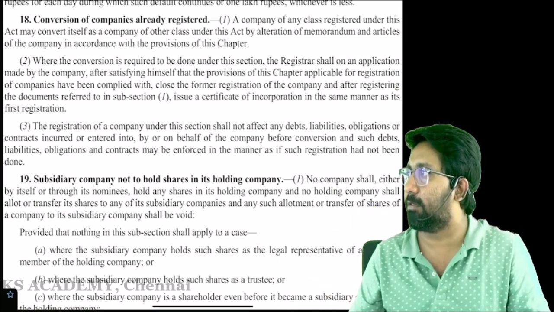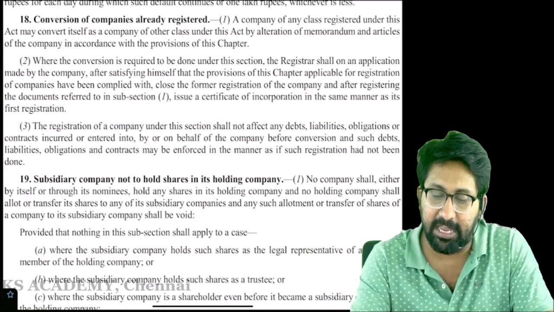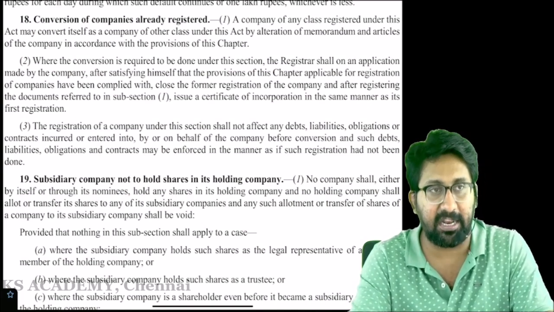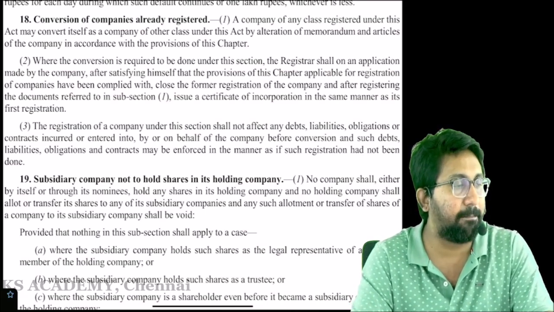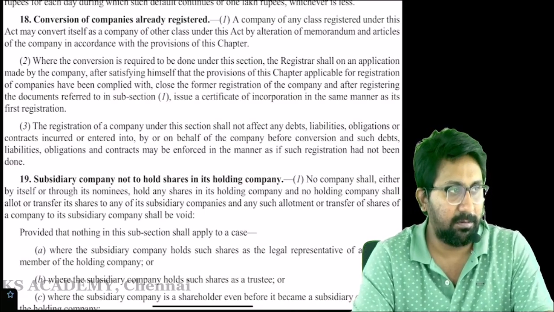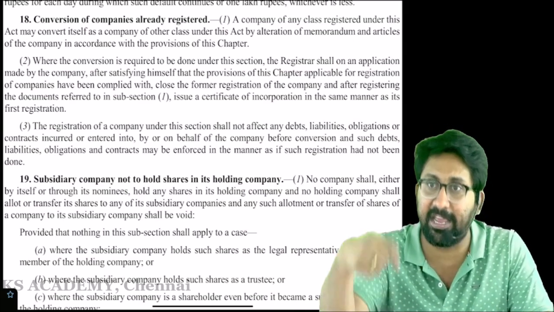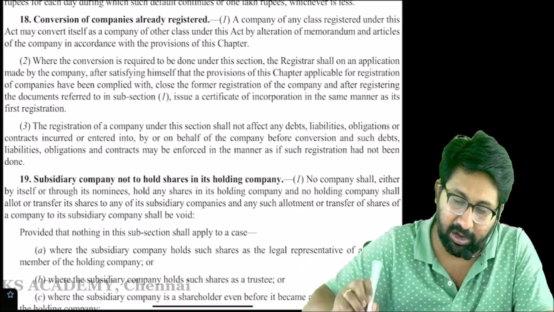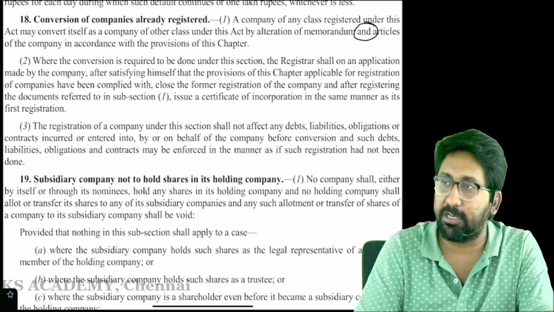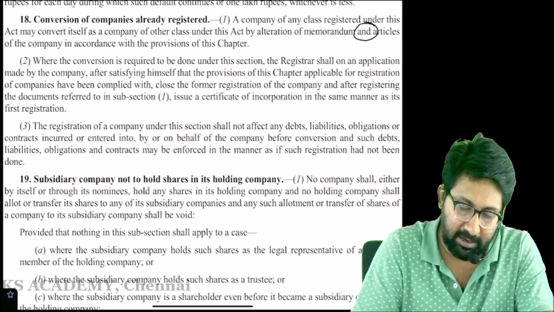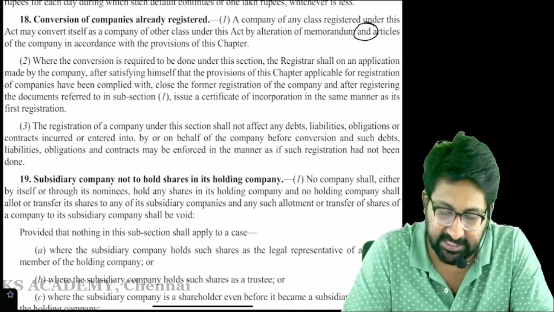Let's read the point. Start. A company of any class registered under this Act may convert itself as a company of other class under this Act by alteration of MOA and AOA of the company in accordance with the provisions of this chapter, where the conversion is required to be done under this section.